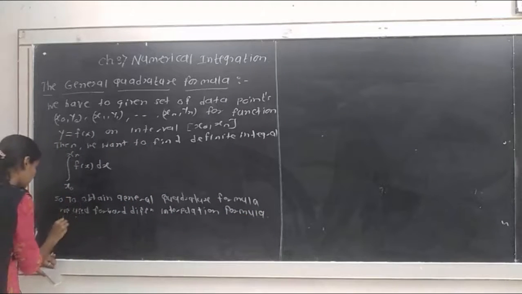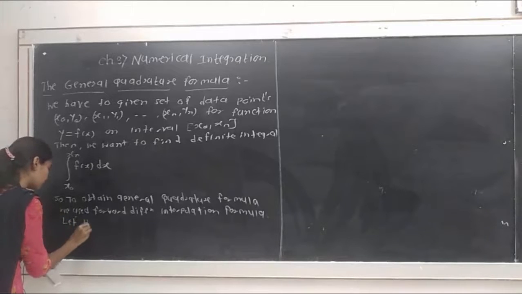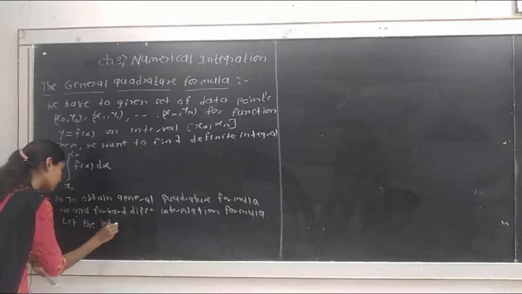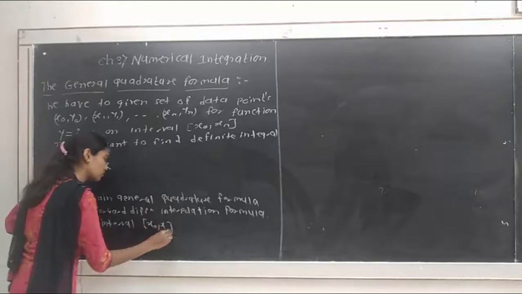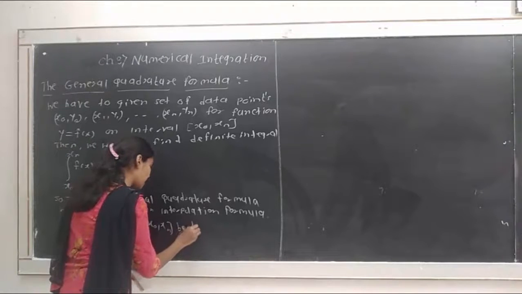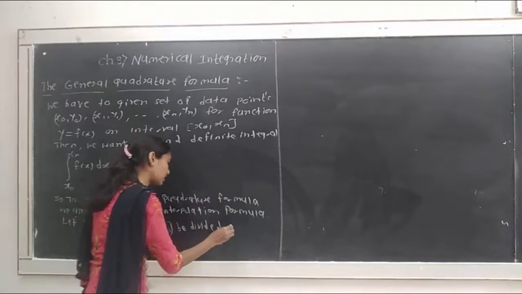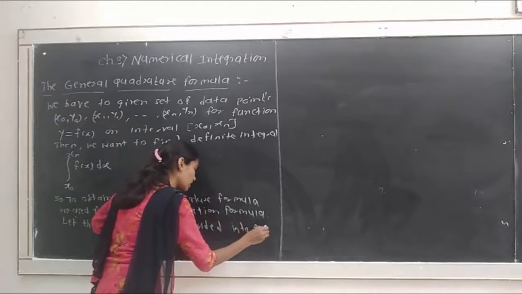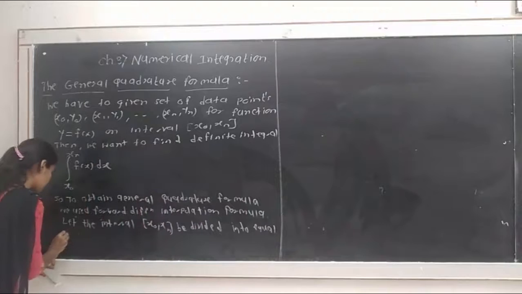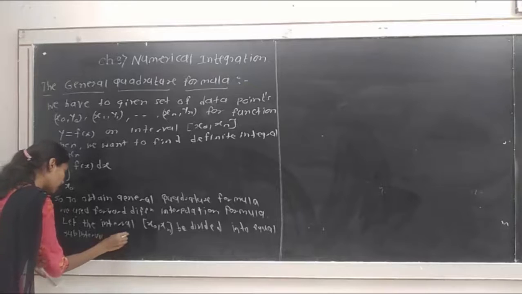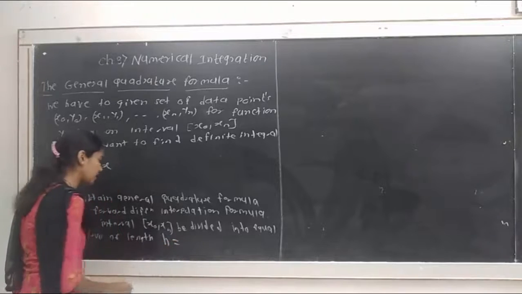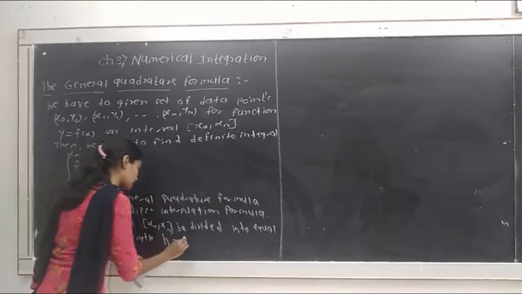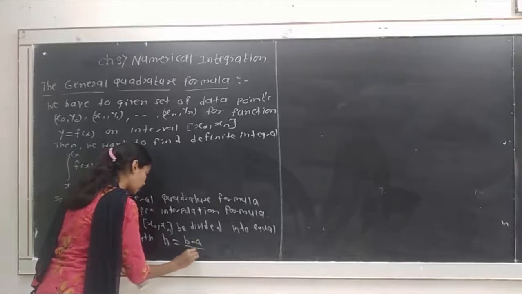Let the closed interval x0 to xn be divided into equal subintervals of width or length h. We consider the length h to be b minus a divided by n.